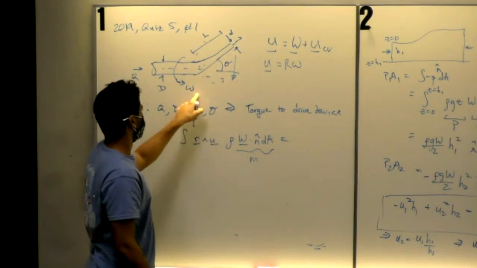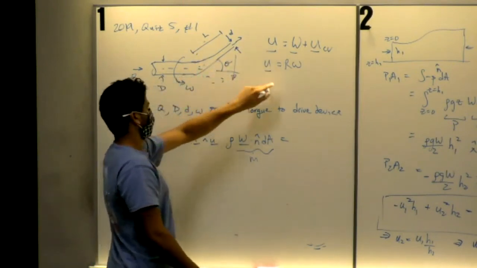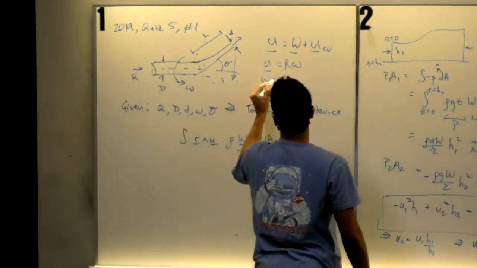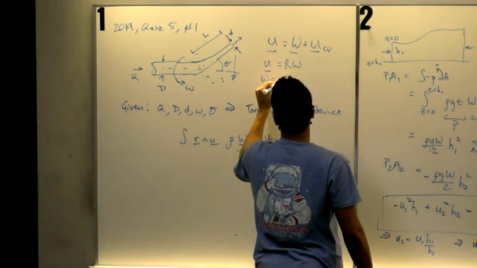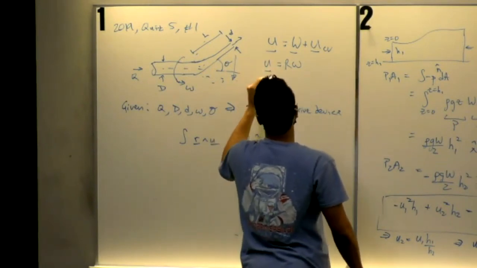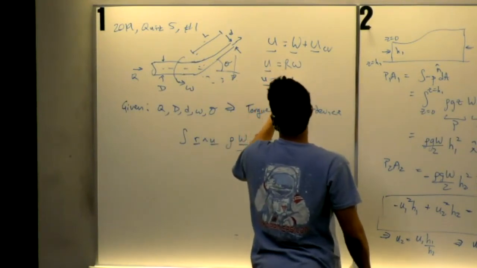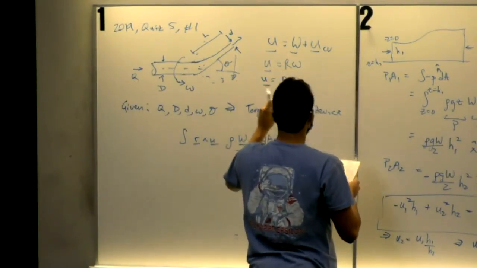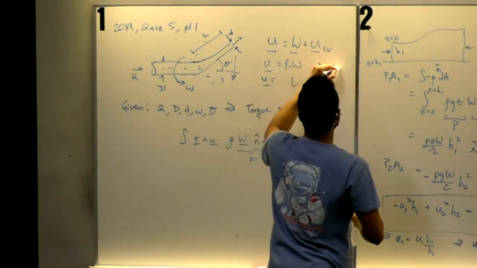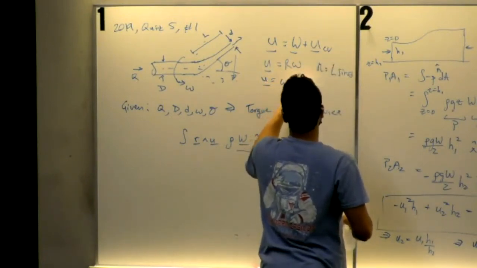So it'd be L sine of theta for this omega. So U equals R omega, where R is equal to L sine theta. U equals omega L sine of theta.